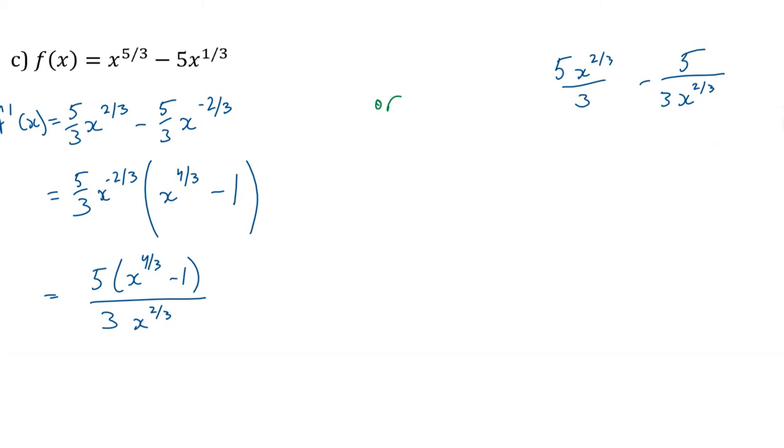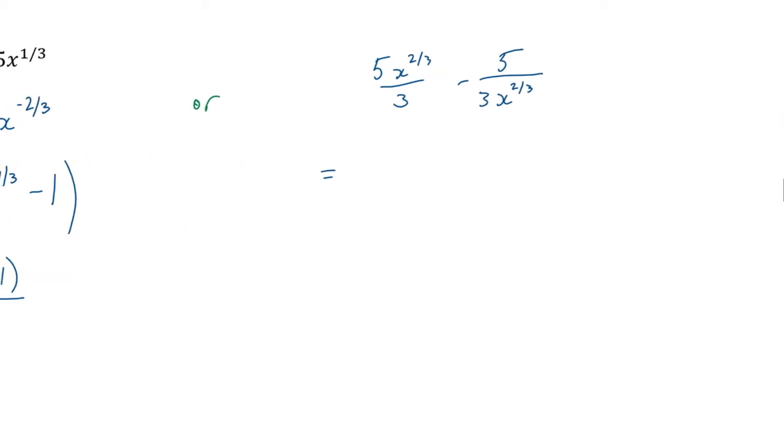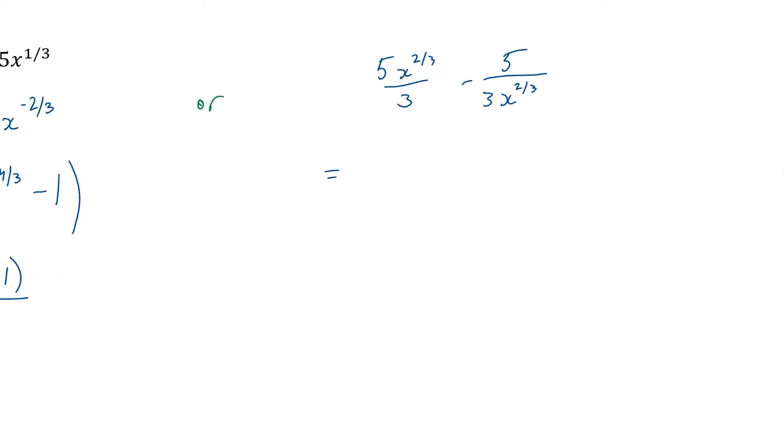So rewriting it like this is going to help us see it as fractions for the first time that we're doing it. But if you don't have to rewrite it, you might be able to skip that step. And what we're going to do is multiply this one by x to the 2/3 over x to the 2/3 to get a common denominator.